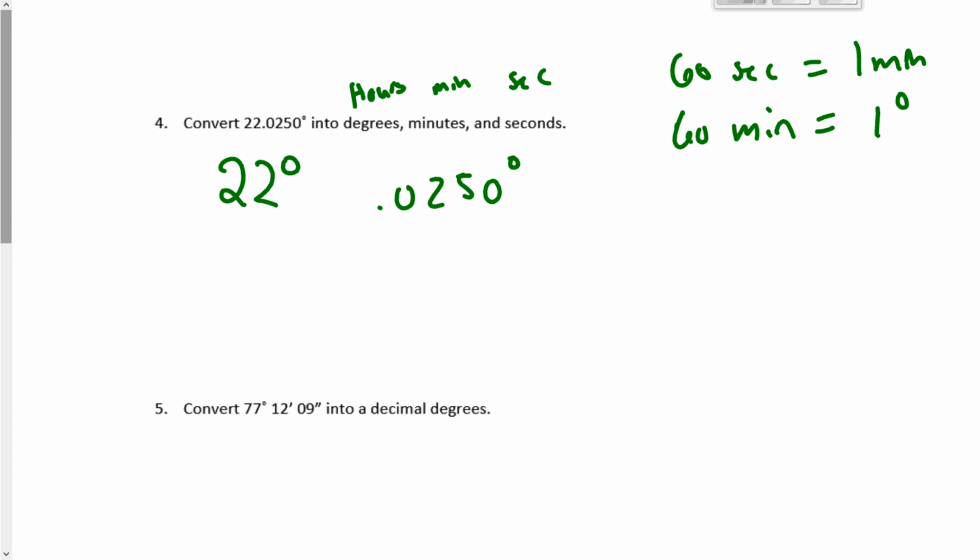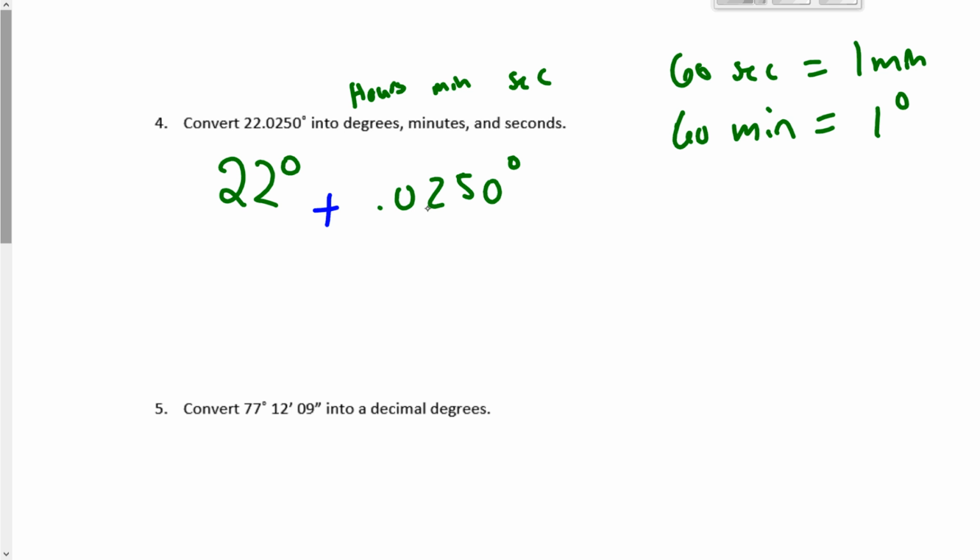Well, how many minutes is that? If I take that and divide it by 60, that's going to tell me how many minutes are in 0.0250. Actually I don't want to divide by 60, because I get a really small number. I actually want to multiply by 60, because there are 60 minutes in 1 degree.